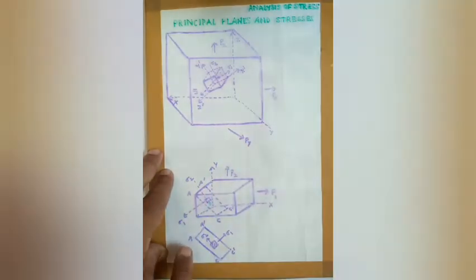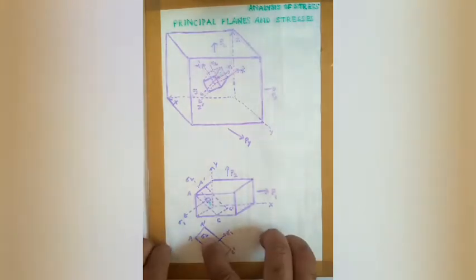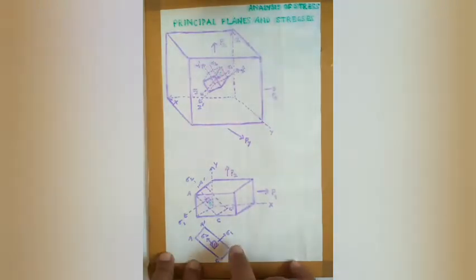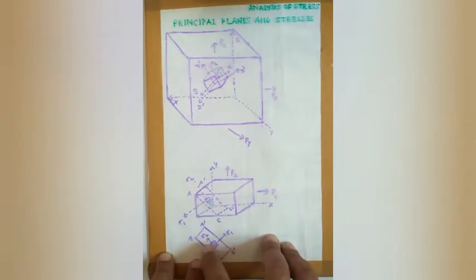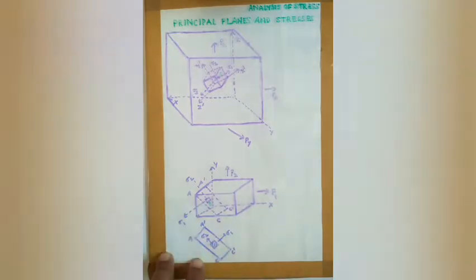So let us take that plane as A dash, C dash. Sigma 1 and sigma 2 are the two stresses which are normal and there is no shear stress acting. So these two stresses are the major and minor principal stress. The largest one will be the major principal stress, the smallest will be the minor principal stress, and this plane is called the principal plane.